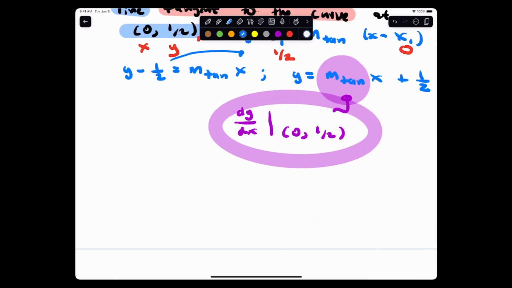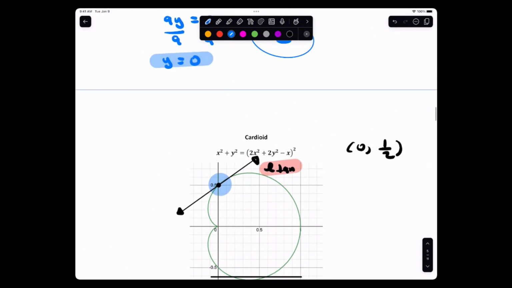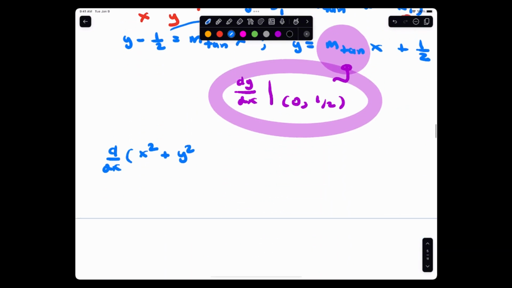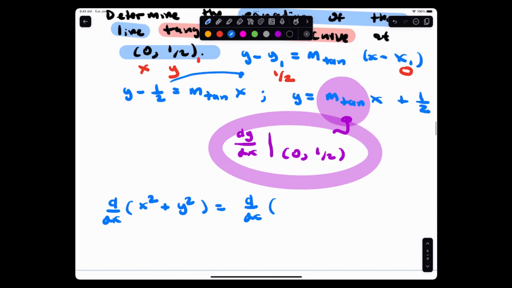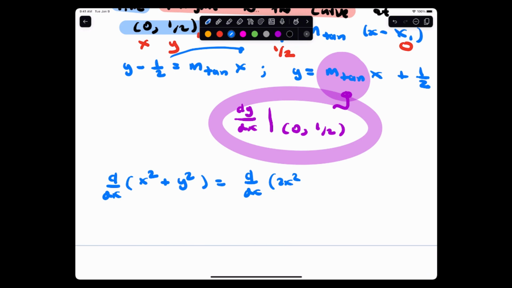You're going to have to do what? Not yet. We have to do the derivative of the left and the right side, right? So on the left side, you got what? What's on the left side? x squared plus what? y squared. Okay. And then on the right side, you say, what's on the right side? Well, 2x squared plus 2y squared minus x, and that's raised to the second power.